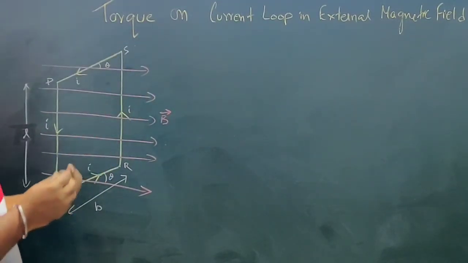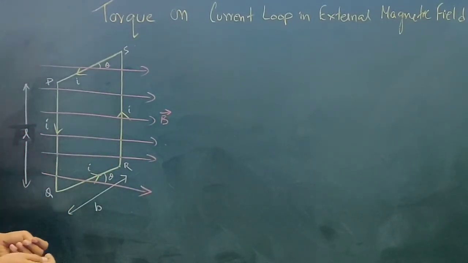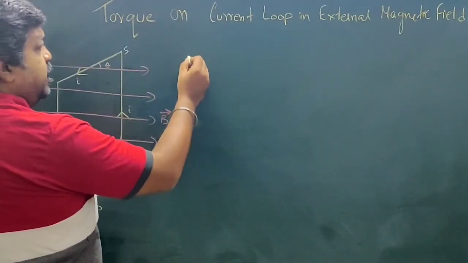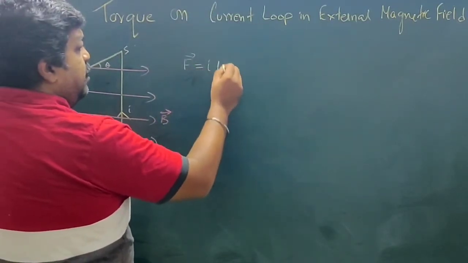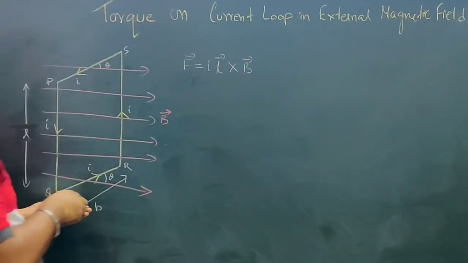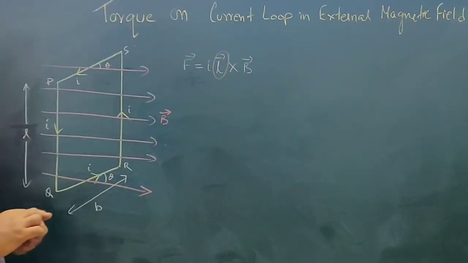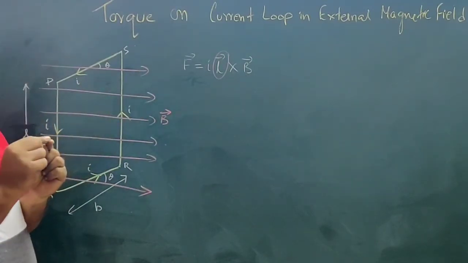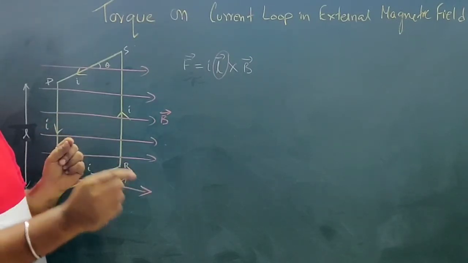Now we know that torque we calculate by first calculating the force. So overall, what is the net force? Force on a current carrying conductor placed in a magnetic field is given by F equal to IL cross B. Now this L is a vector quantity, which means you have to measure this length from initial position to final position, that is the shortest path from initial to final position.